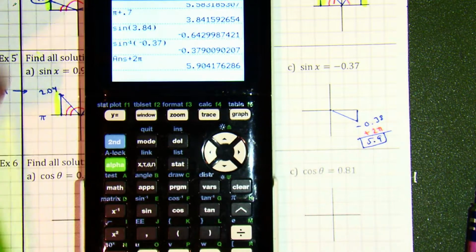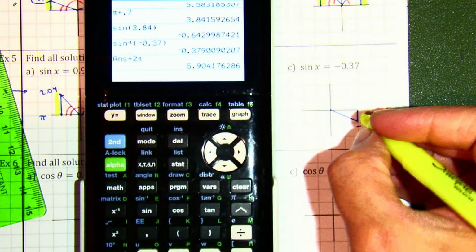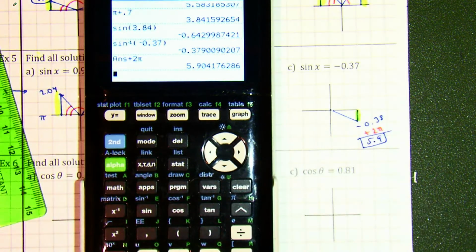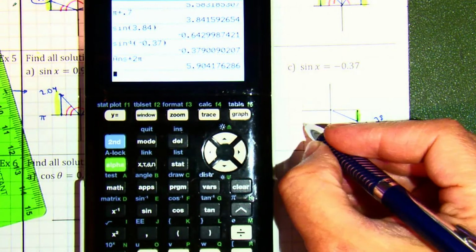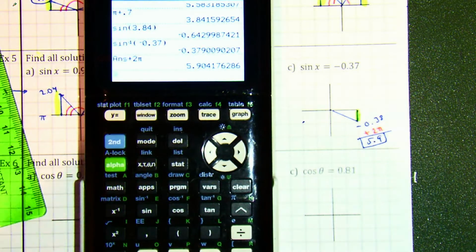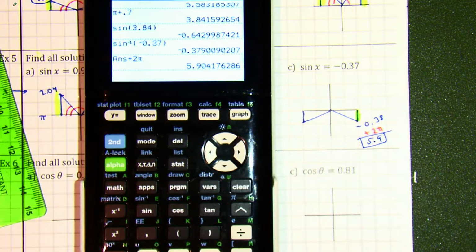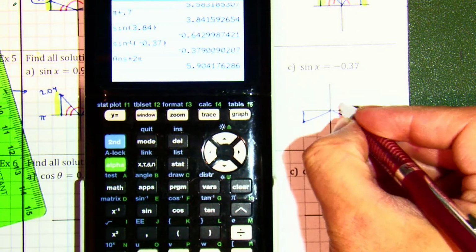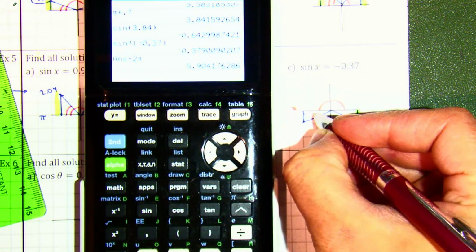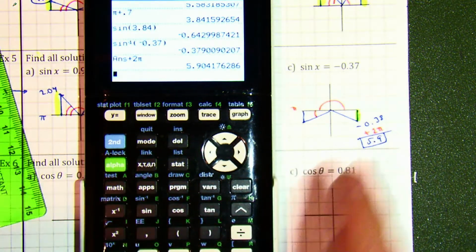Now there's another angle that has the same length for the y value, and that will be on this location. So how can I find the angle? Correct. You go pi plus a bit more, which is 0.38.